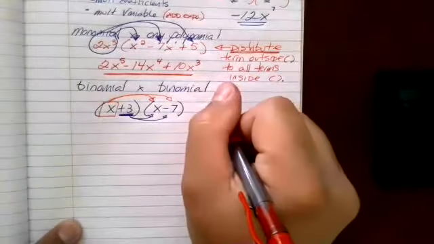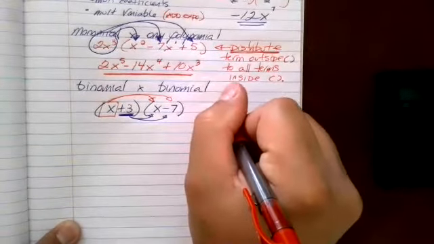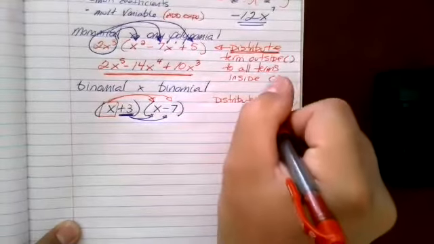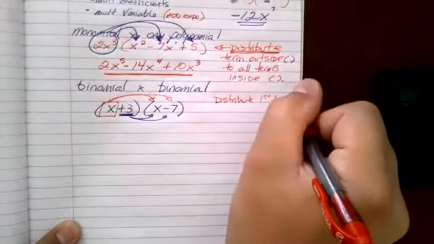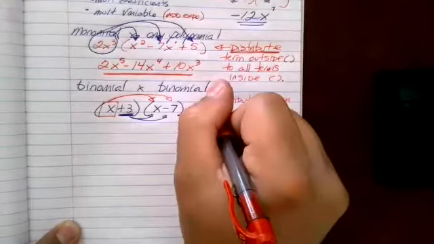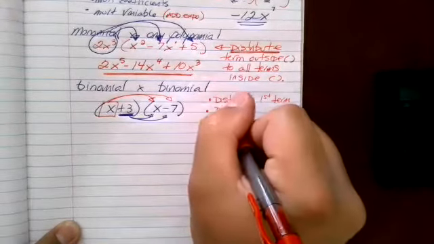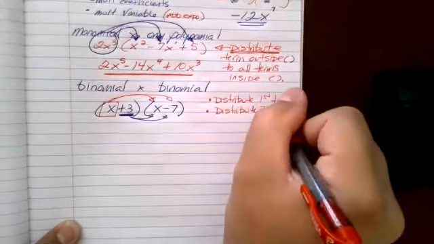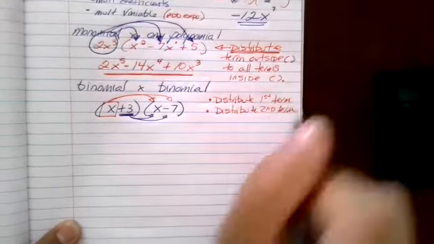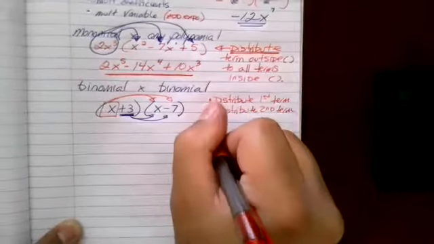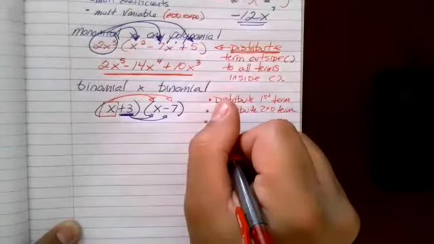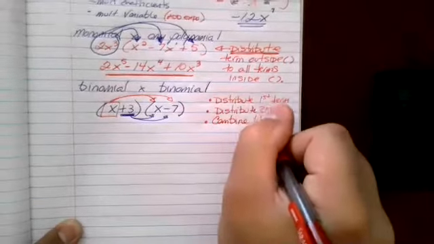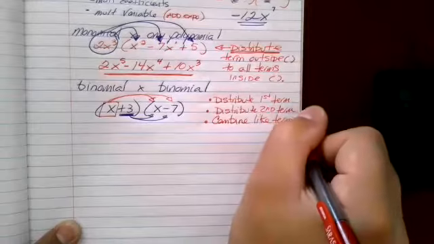So my procedure is: distribute the first term into the parentheses, distribute the second term, and then to simplify it, combine like terms.